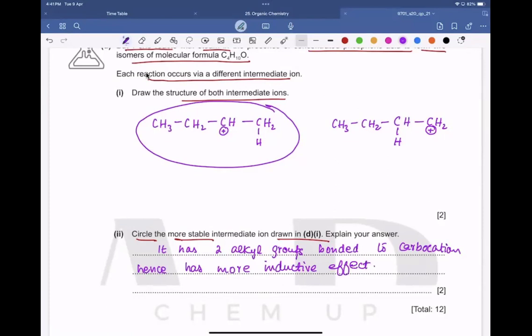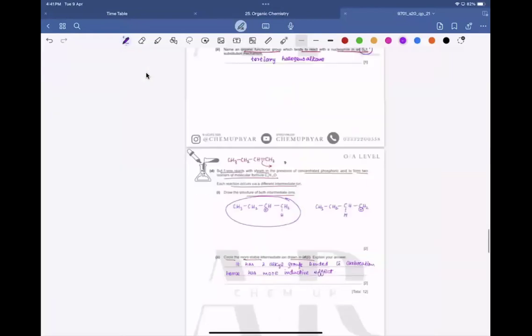Yeah, more electron donating, very good, Ishal. More alkyl groups, so more electron donating effect, which stabilizes it, which makes it more stable than the other one, because the other one is a primary. Till here, is this clear?